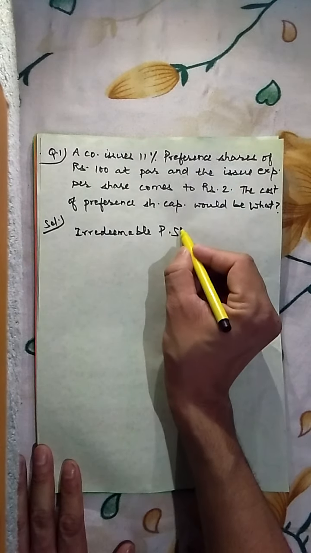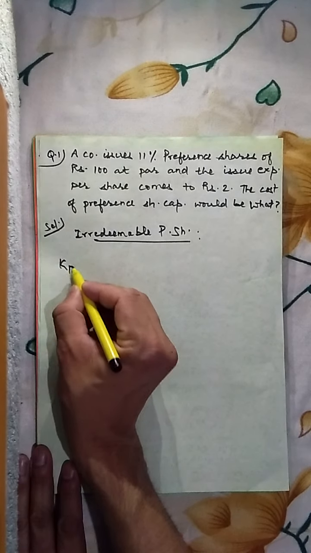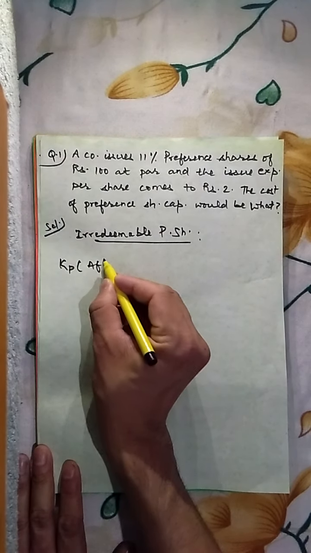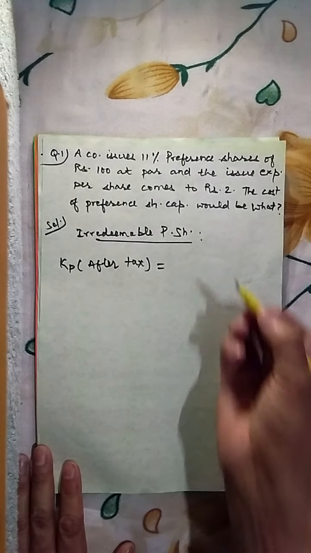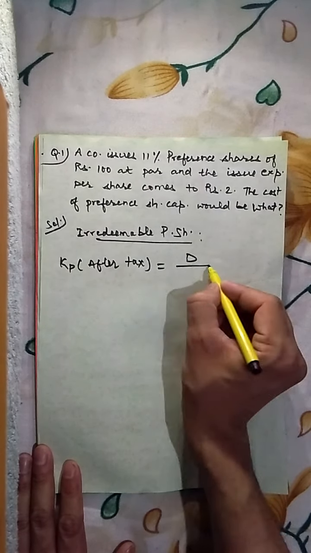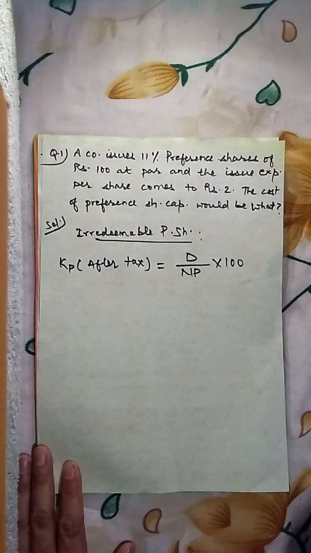And for irredeemable preference shares, if we need to calculate the cost of capital after tax, then we use the formula that dividend per share divided by net proceeds into 100.